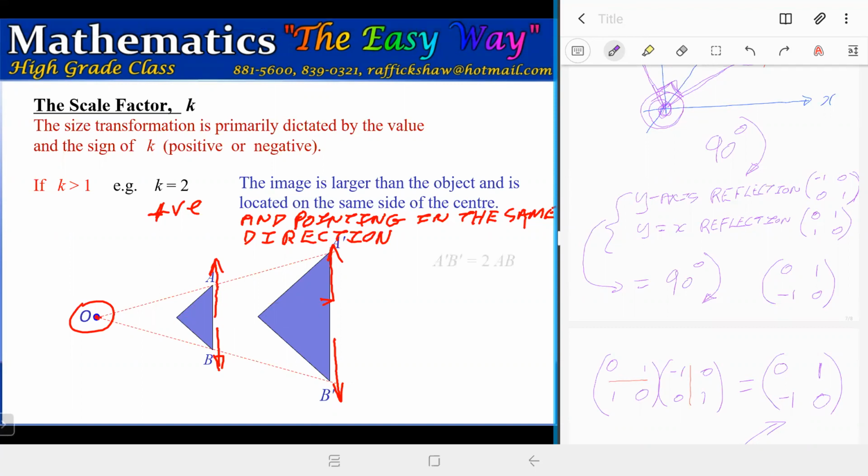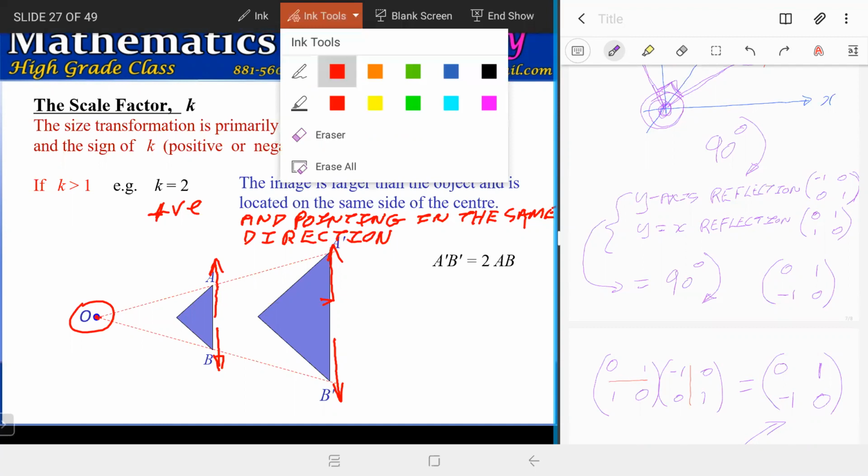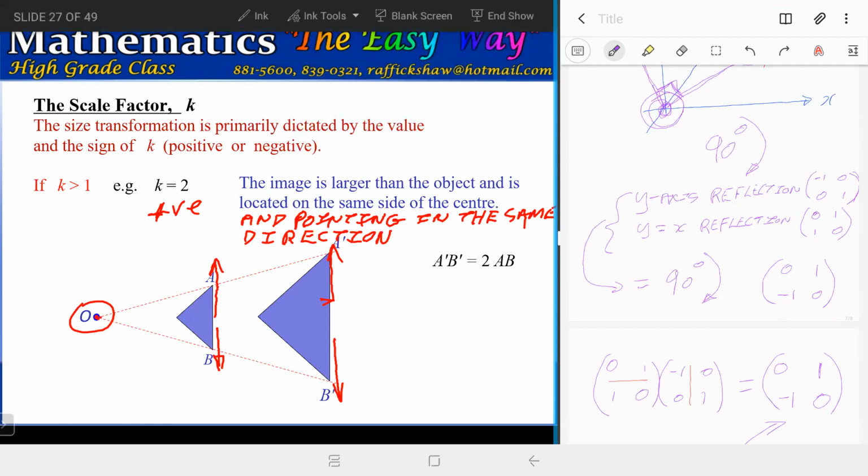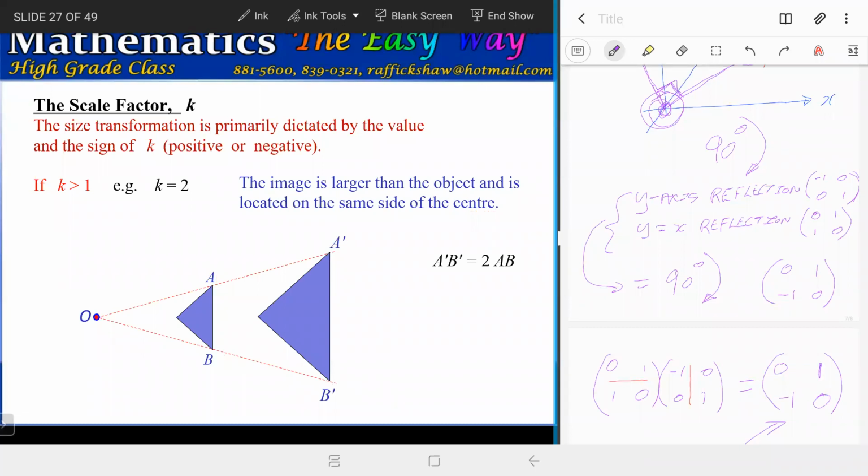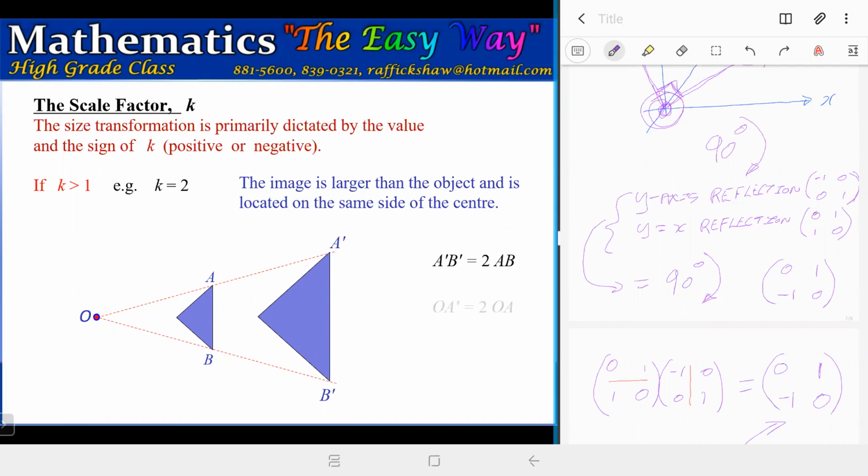In this case, the image distance is twice the object distance. So A prime B prime is 2 times AB because of a scale factor of 2. And also the distance from the center, OA prime, is 2 times OA.